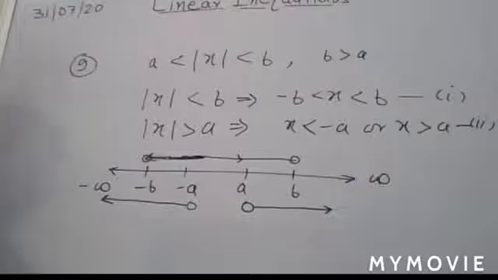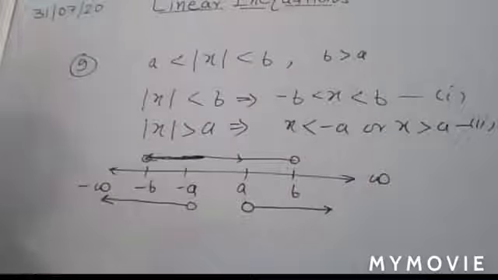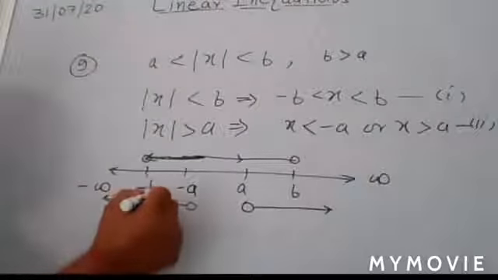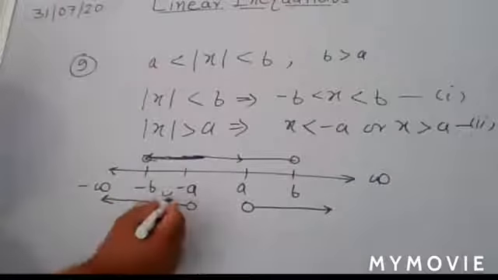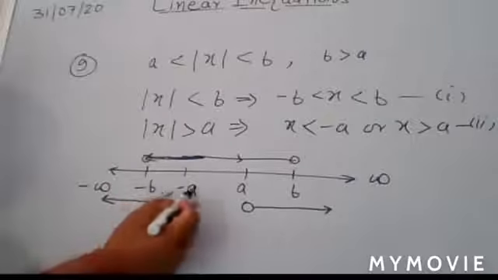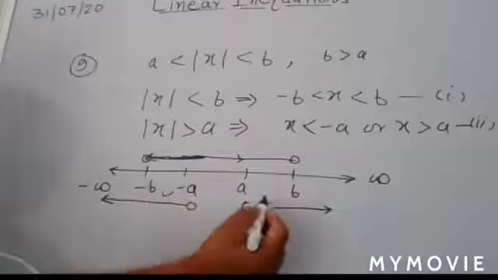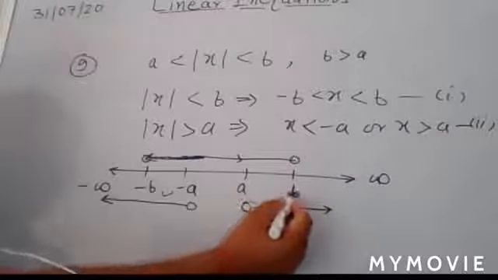Understand? Now take its common value. On the number line, that part is common for both, where I tick, minus b to minus a. Minus b to minus a is your common portion, and in the same way, a to b is your common portion.